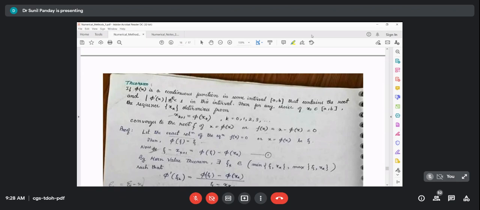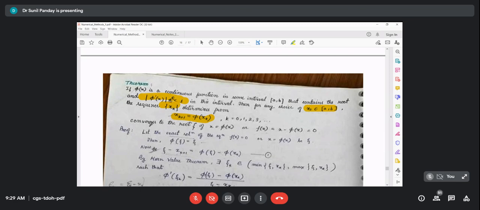of x equals phi x, or f x equals x minus phi x. So whatever x naught we select, if this iteration function satisfies this condition, then this sequence x1, x2, x3 up to infinity converges toward the root if we perform infinitely many iterations.